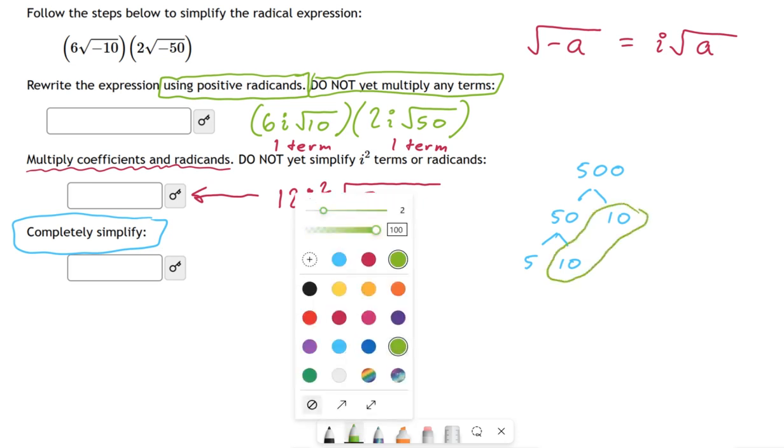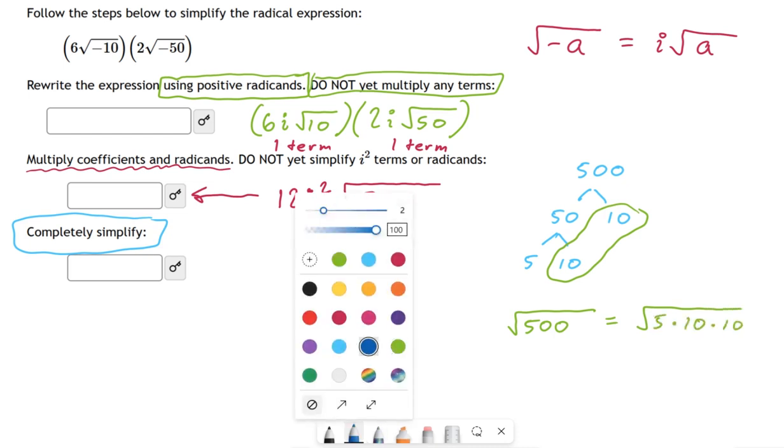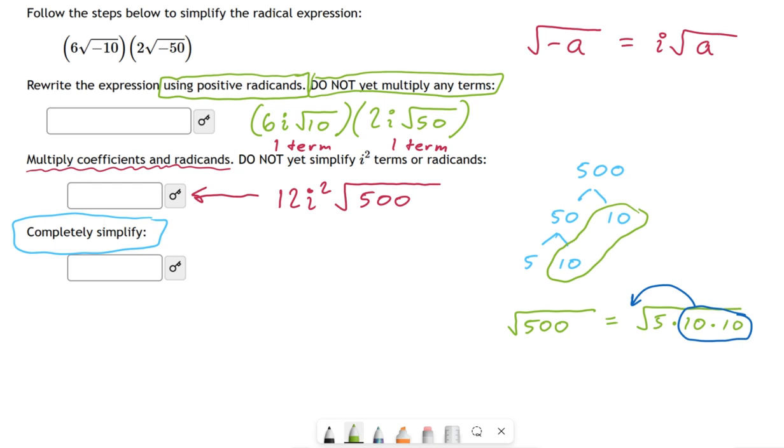I don't need to keep on breaking this down further. That means the square root of 500 is really just equal to the square root of 5 times 10 times 10. And those 10s right there are what's coming out of the radical sign out in front. So the simplified form of the square root of 500 is going to be 10 radical 5.